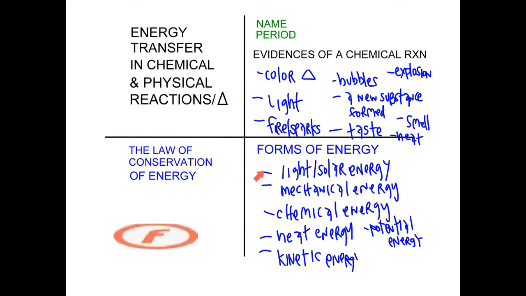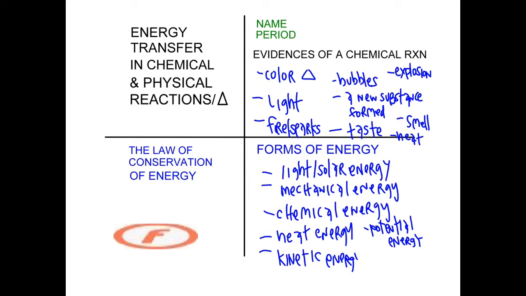That would be light and solar energy, mechanical energy, or the energy of motion. Whenever something's moving, we say it has mechanical energy. Chemical energy is what we've been talking about in this unit, these modules, basically the energy that comes from breaking bonds and atoms and rearranging it, or the energy required to make new molecules and new combinations, new substances.